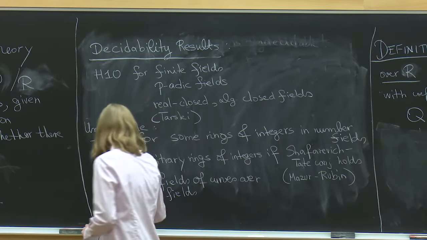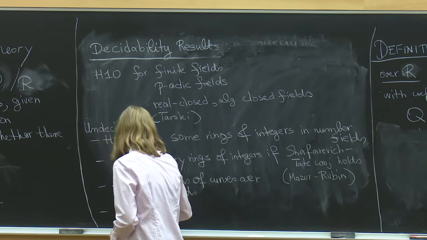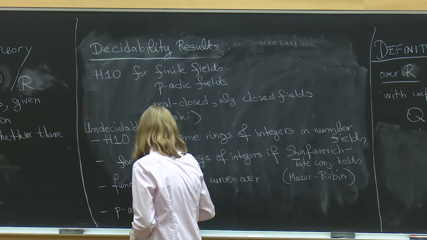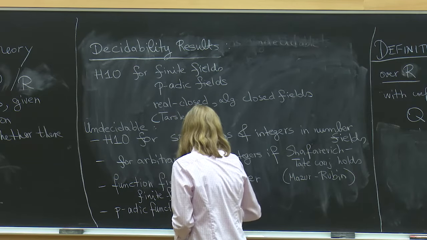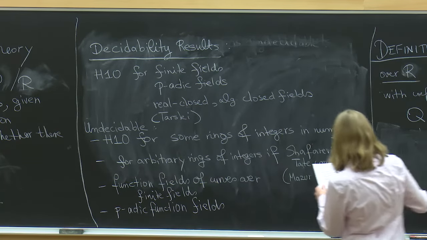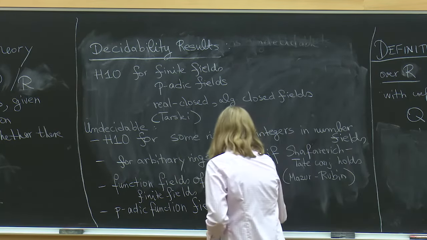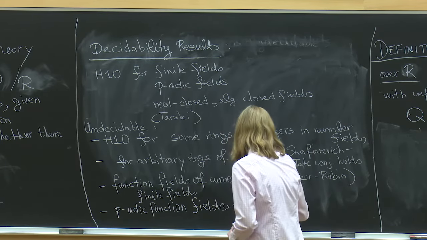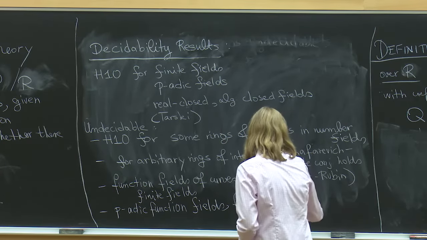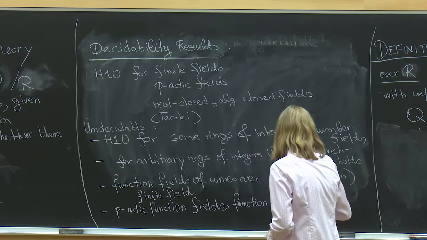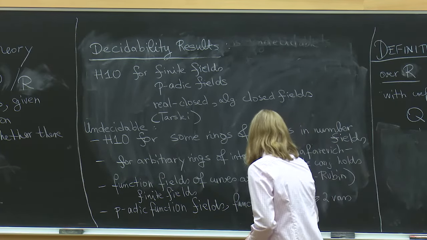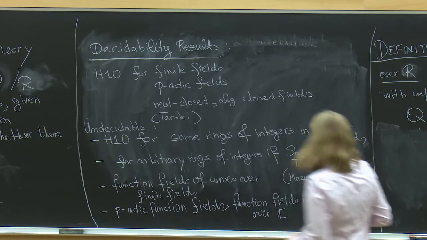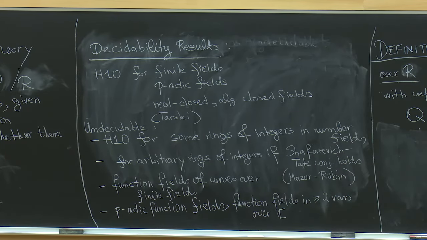You also have p-adic function fields, so function fields over the p-adics. That's work of Kim and Roush and myself. And you have function fields in at least two variables over C. And that's work of Kim and Roush, Moret-Bailly, and myself.